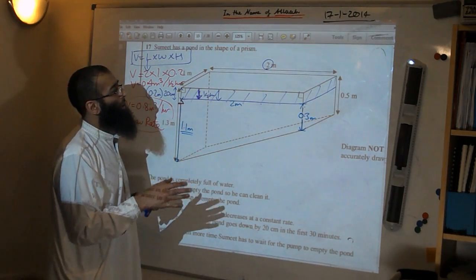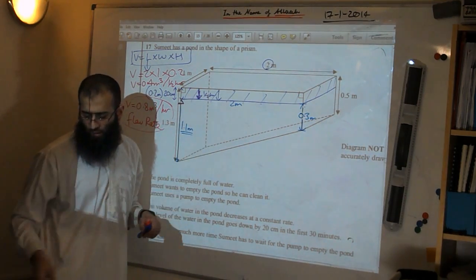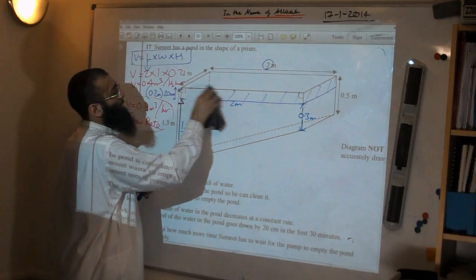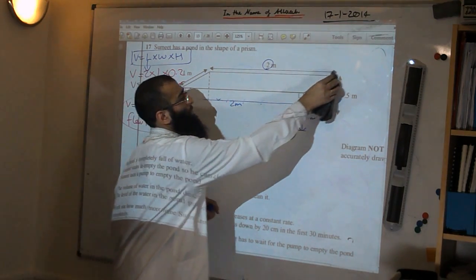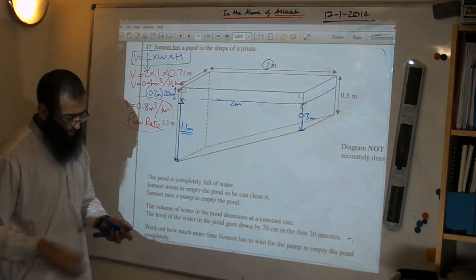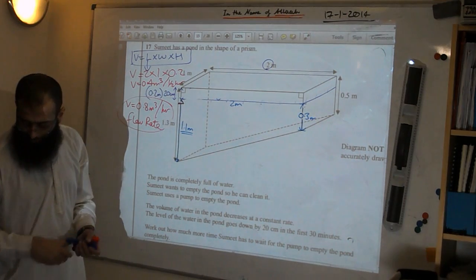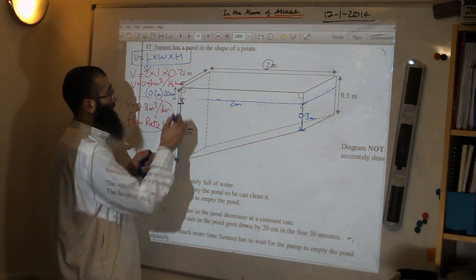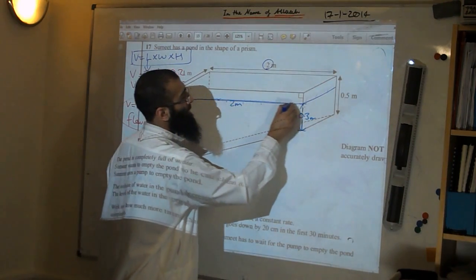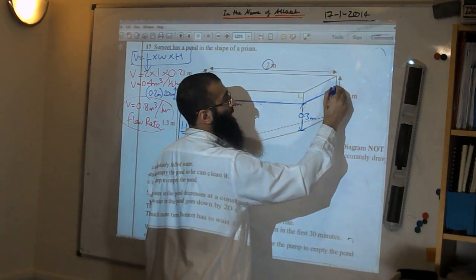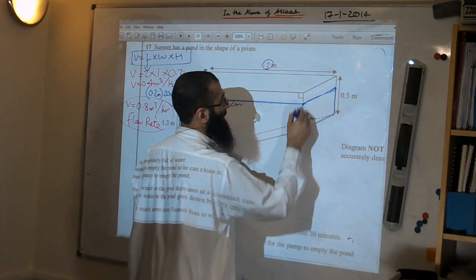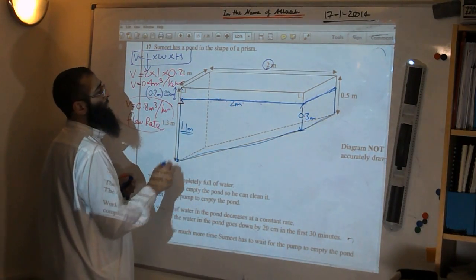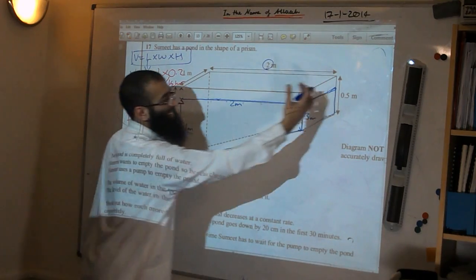Right, what I'm going to do now, I'm going to rub off the top part so we don't get the two things confused. I'm going to rub off this part for the moment. Okay, we're going to focus on this trapezium and then its thickness.